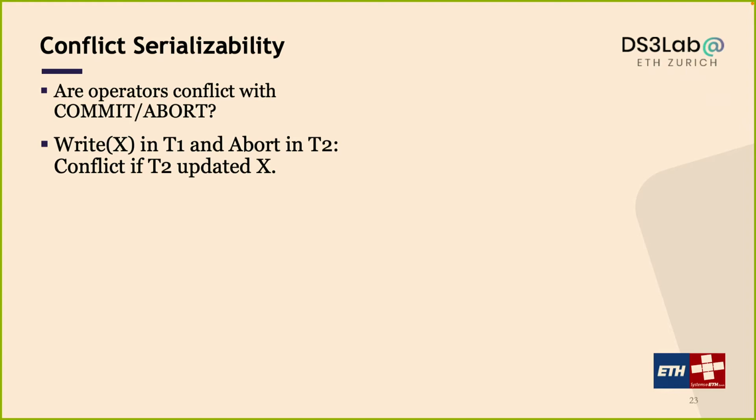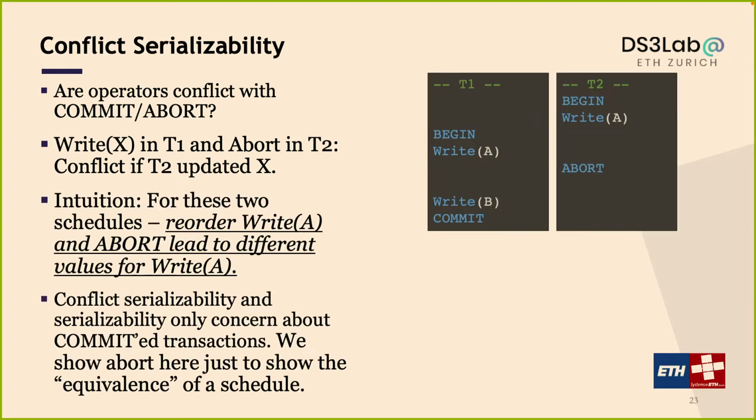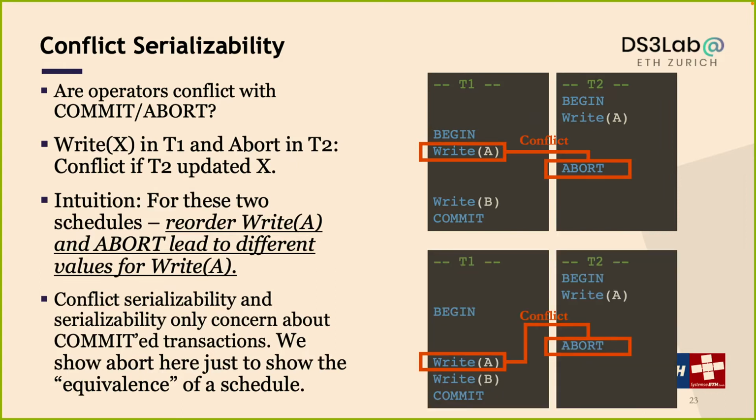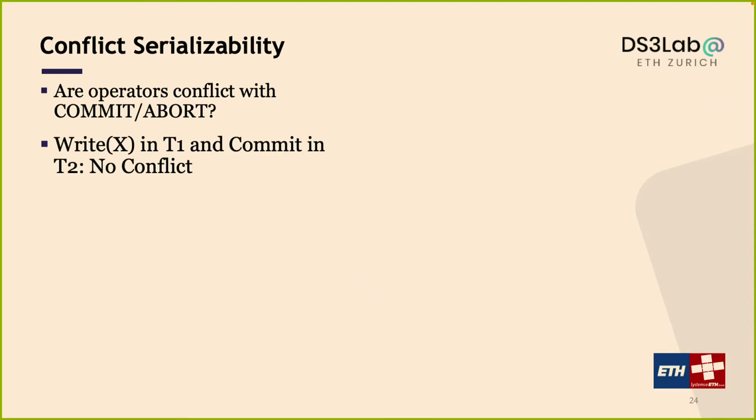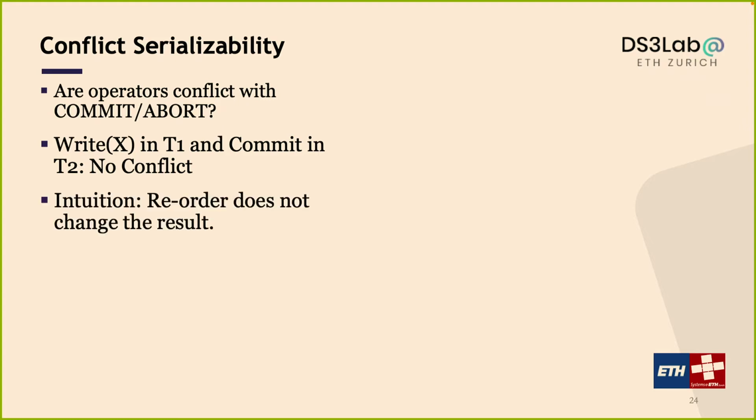Similarly, if T1 writes and T2 aborts, it's the same thing. Essentially, you cannot change their order, for a very similar reason as the read. And when there's a write in T1 and a commit in T2, there's no conflict. Okay?